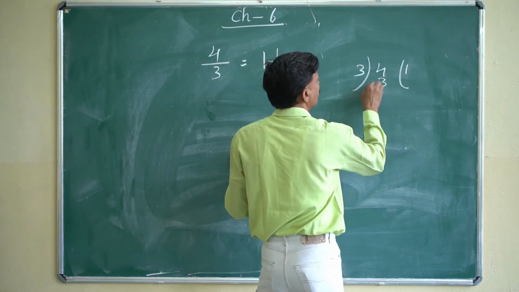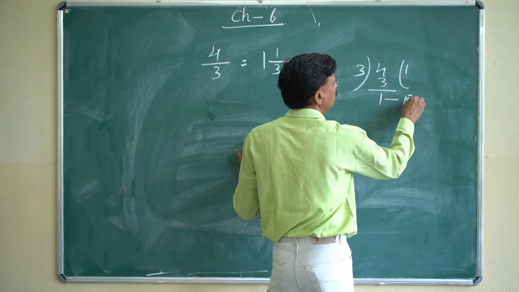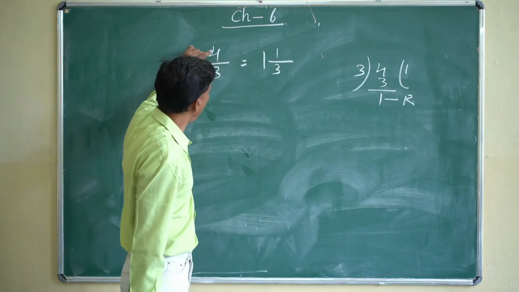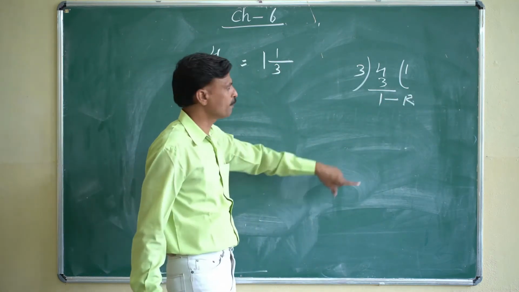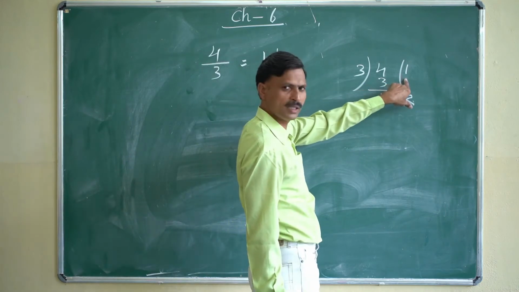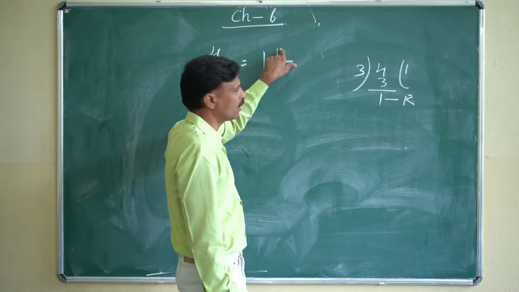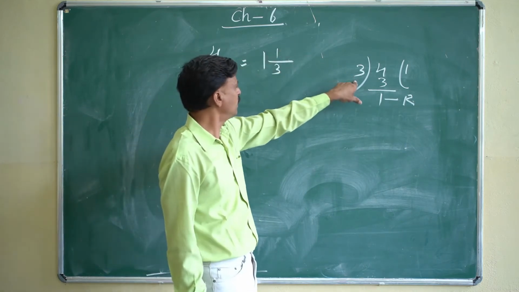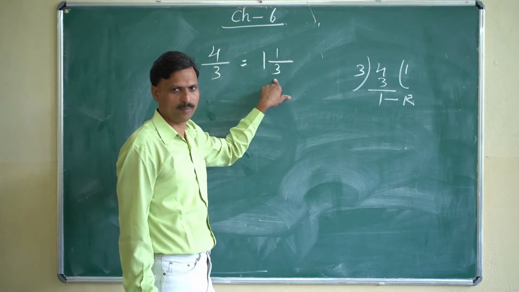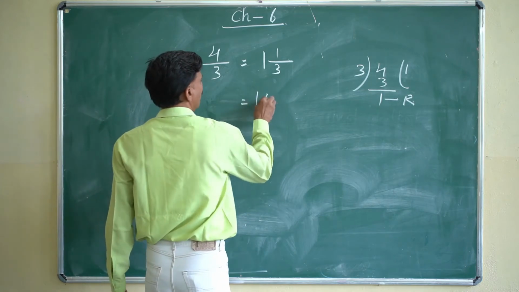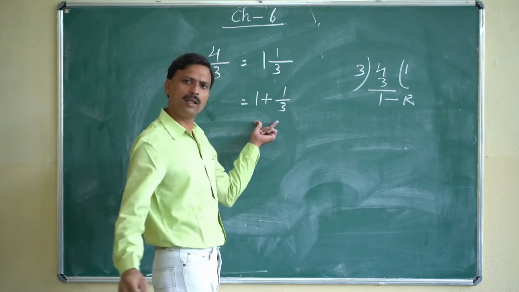One time. One is the remainder, right? So this 4 by 3 we can write with the quotient as the whole number, the remainder in the numerator, and the divisor in the denominator. You can also write 1 plus 1 by 3. That is the same thing.